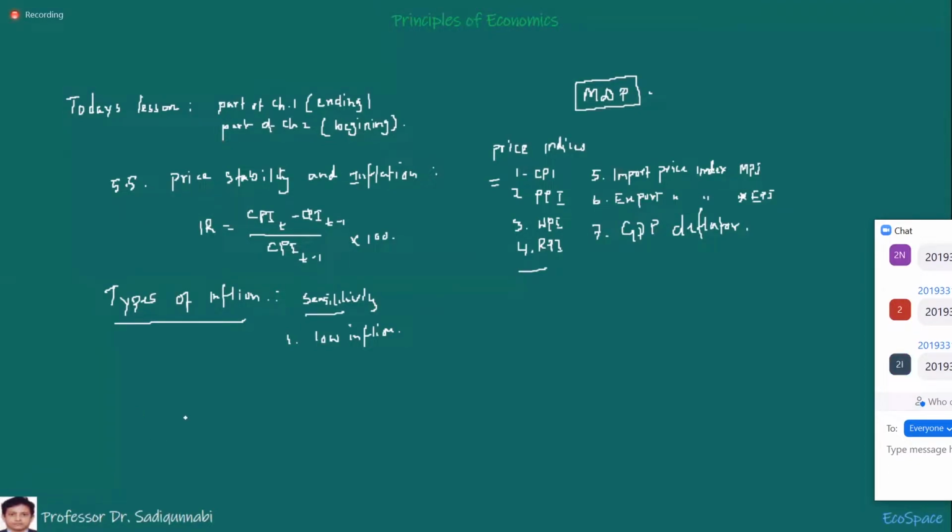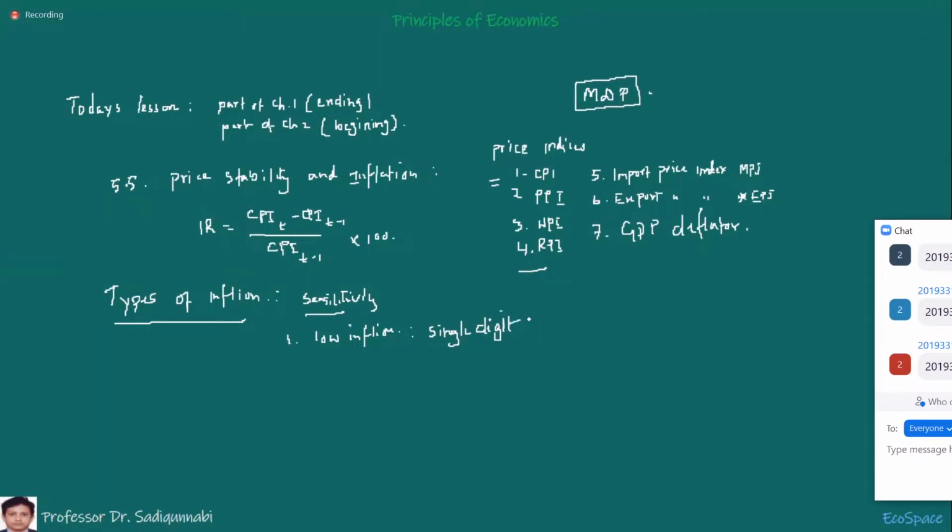We said that there are three. We are going to discuss the three types of inflation based on severity. There is low inflation, which is single-digit inflation.